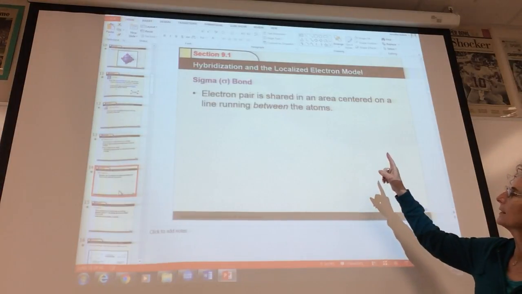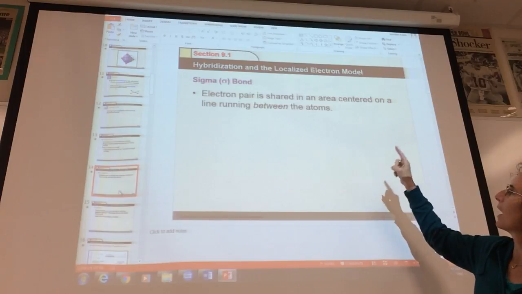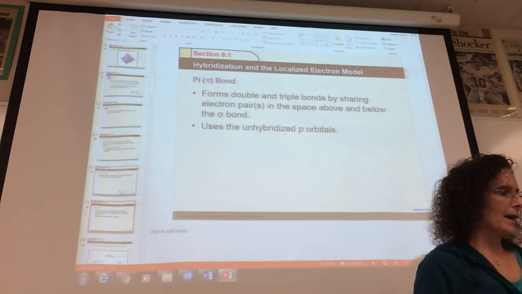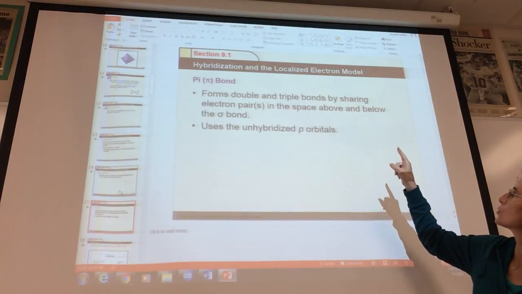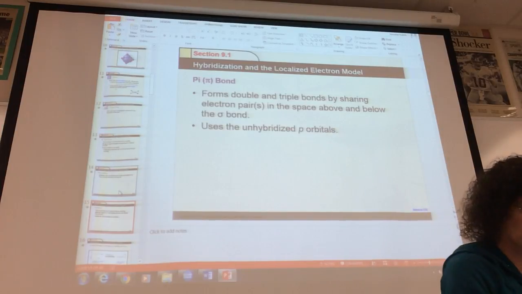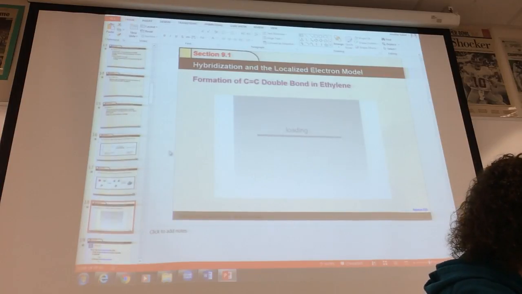So a sigma bond is an electron pair shared in an area centered on a line running between the atoms. And a pi bond forms double and triple bonds by sharing electron pairs in the space above and below the sigma. And I'll show you how to determine that very simplistically. Well, they'll show it to you here. This is pretty cute.